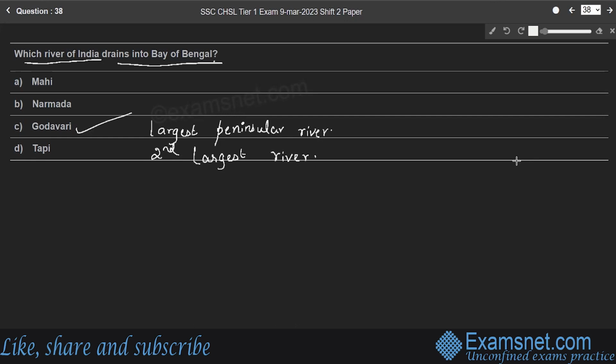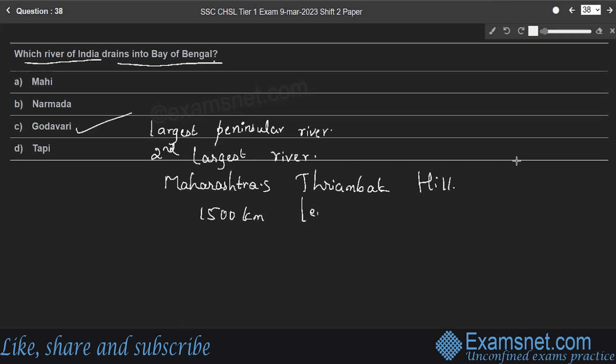It rises from Maharashtra's Trimbak Hill. Its length is about 1500 kilometers.